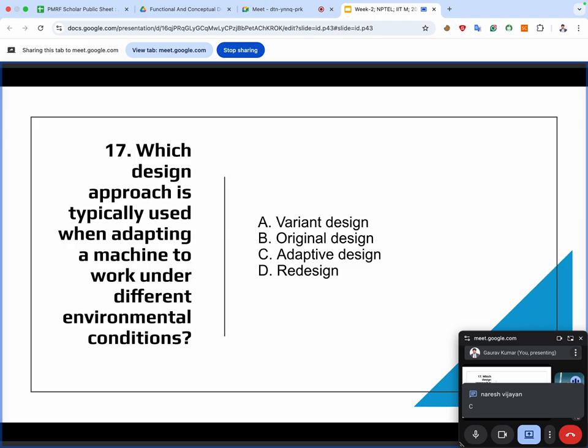Okay, Naresh is saying option C. Om. Okay, okay. Please think. I'm giving you time.